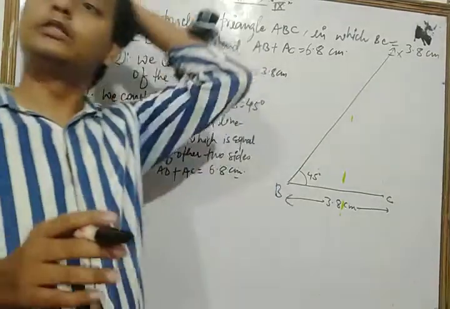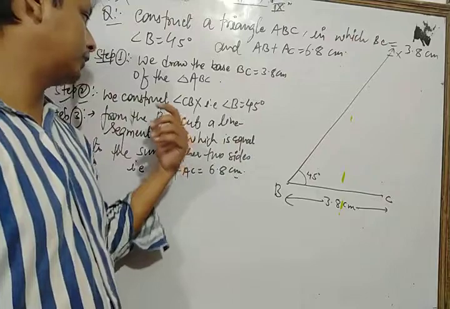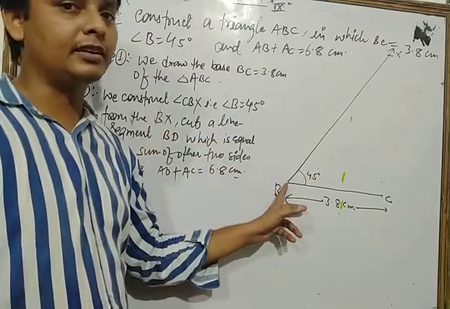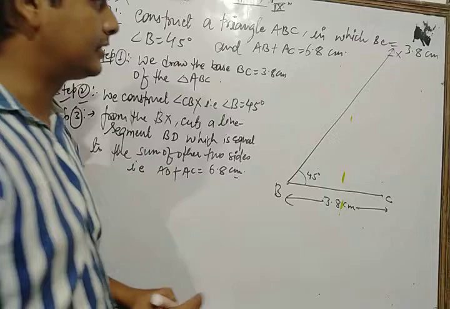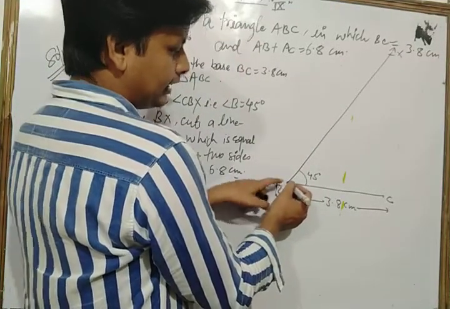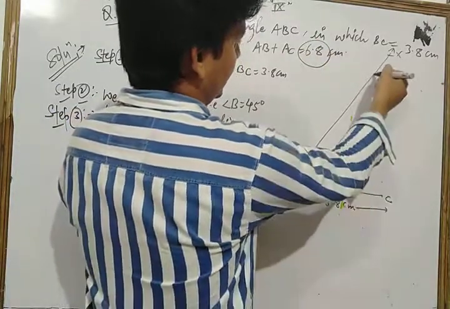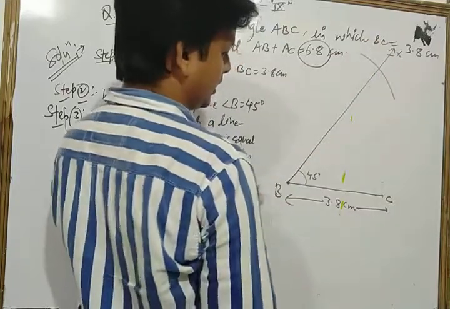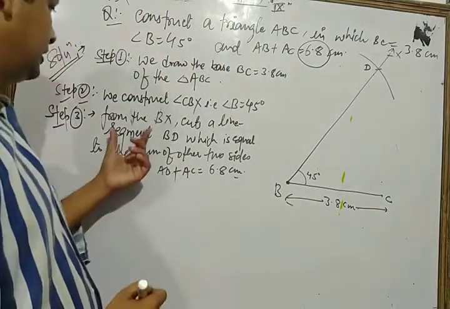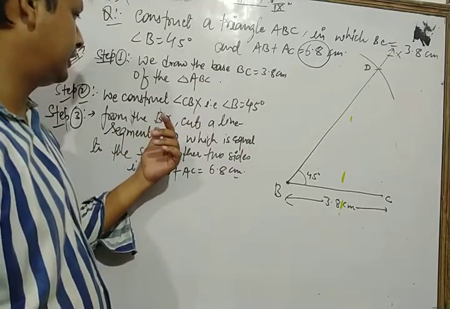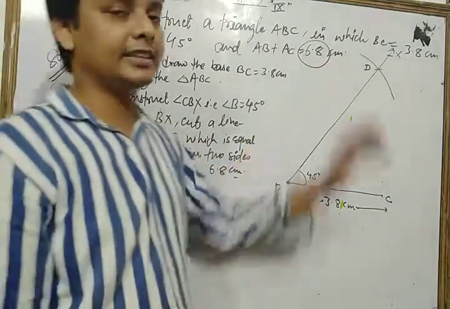So, dear students, in the third step, from the ray BX, cut a line segment BD, taking B as center and distance equal to the sum of the other two sides, that is 6.8 centimeter, and cut an arc at D. Suppose that from the ray BX we cut a line segment BD, which is equal to the sum of the other two sides, that is 6.8 centimeter.